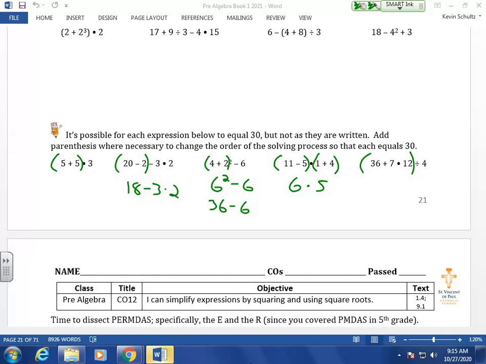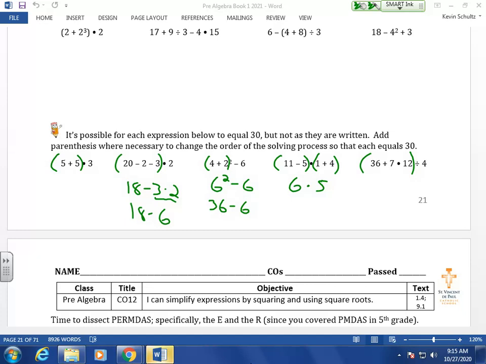So between subtraction and multiplication, the multiplication would have to come next, and we would get 18 minus 6, which gives us 12, but not 30. So we do need that around the 3 also to have all subtraction happen first to get that 15, and then double that to get 30.